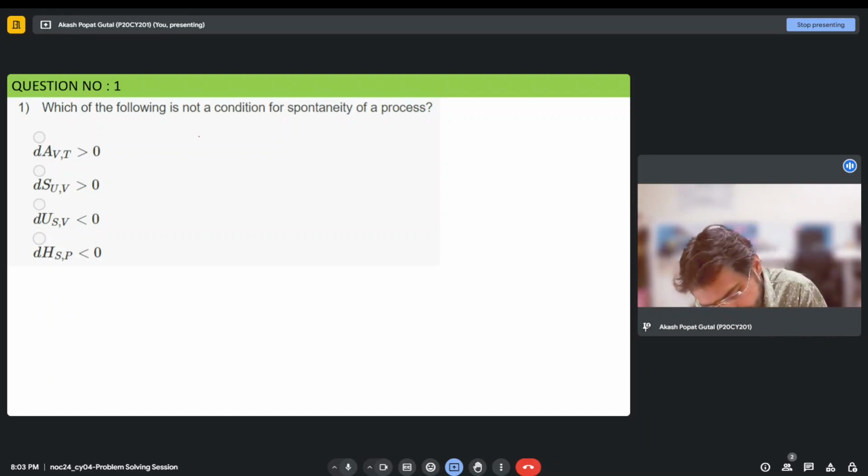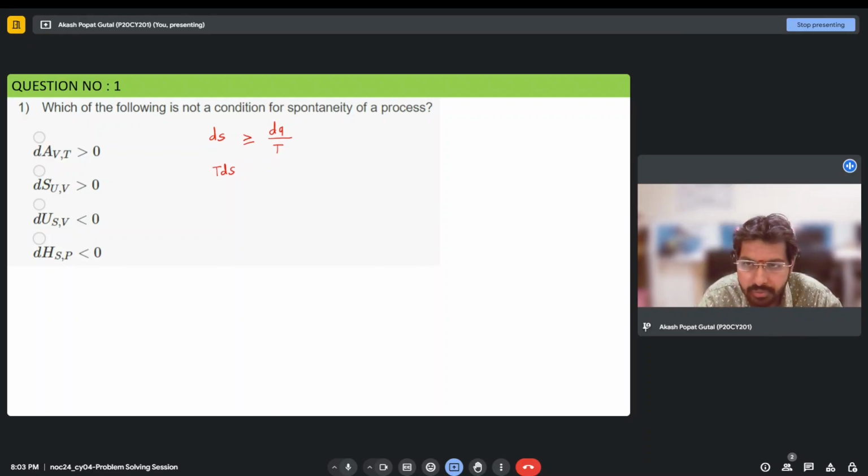So we know that change in entropy is greater than or equal to del Q by T, where T is temperature. And we know that dS becomes equal to del Q by T only for a reversible process. For other processes, it will be greater than del Q by T. So TdS is greater than or equal to dq.